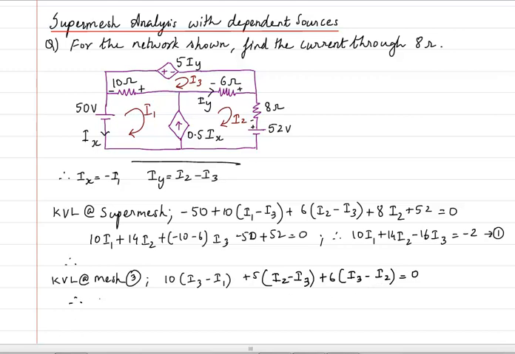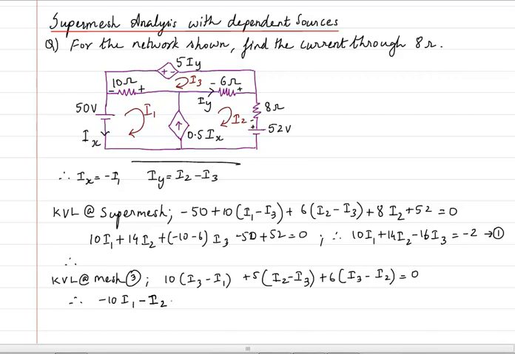So therefore I will get minus 10 I1. For I2, I have this 5 here and this minus 6 here. So 5 minus 6 is going to be minus 1, so minus I2. I have not written 1 here because it's well understood.